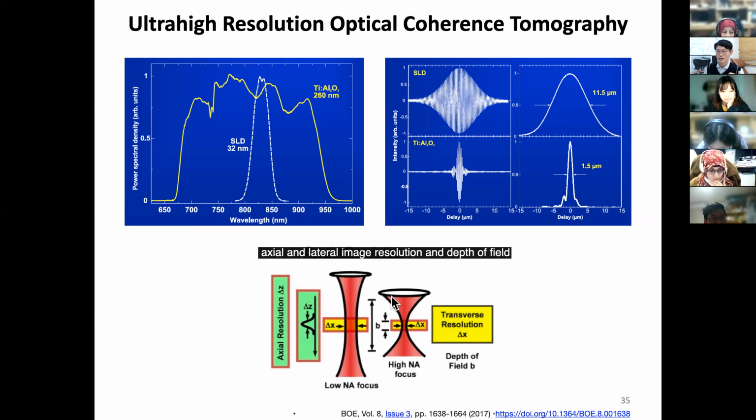Okay, you can get lateral resolution with a high NA objective, but at the cost of depth of field being shorter. So you have to scan up and down in this case compared to typical OCT. So you always have a trade-off, and this one shows the low NA usage of OCT versus OCM, optical coherence microscopy.